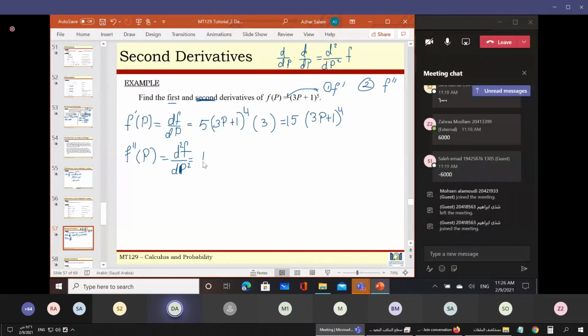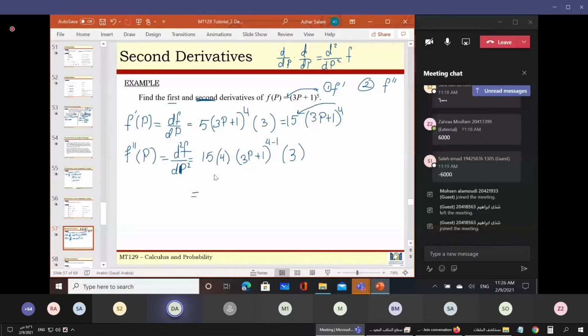I keep 15 here, multiplied by 4, which is the power, I take it down. Multiplied by 3p plus 1 to the power 4 minus 1, then multiplied with the derivative of this, which is 3.